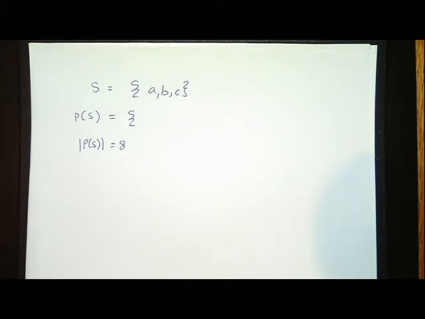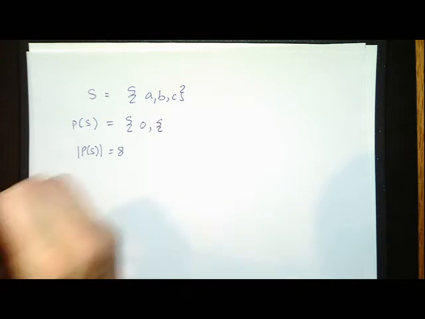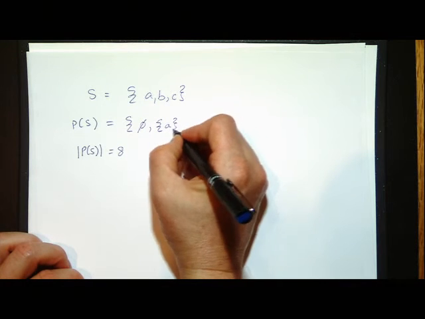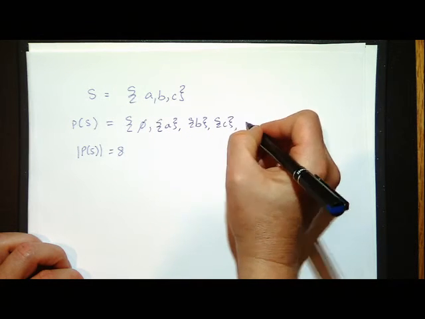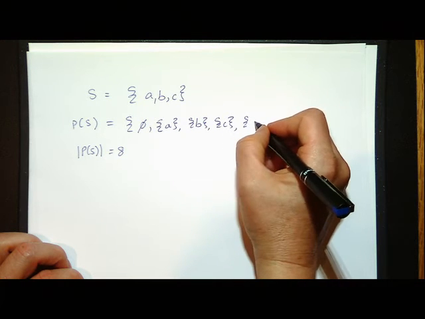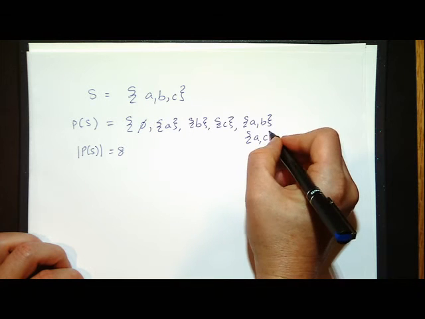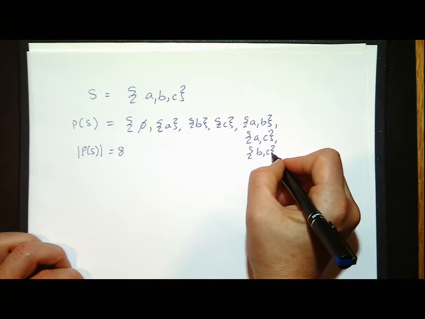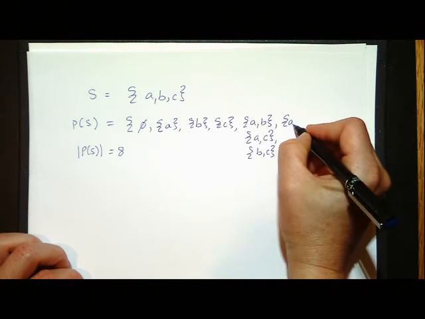The empty set is always the smallest one. Okay, what are the one element subsets? The set containing A, the set containing B, the set containing C, and then we have all the 2 element subsets, AB, AC, BC, and then we have all the 3 element subsets, and there's only one of those.